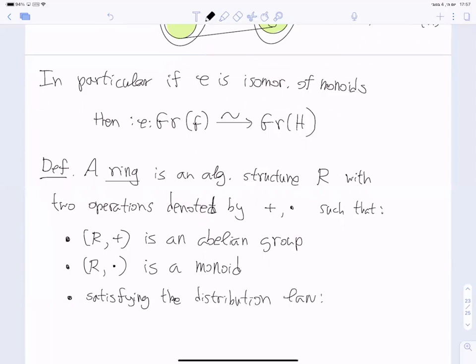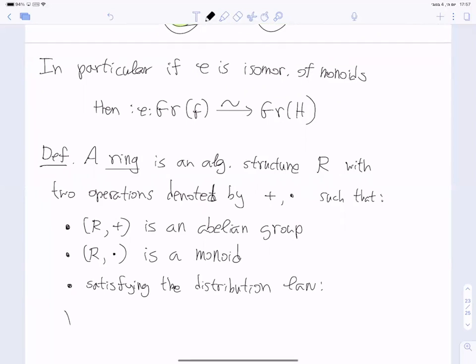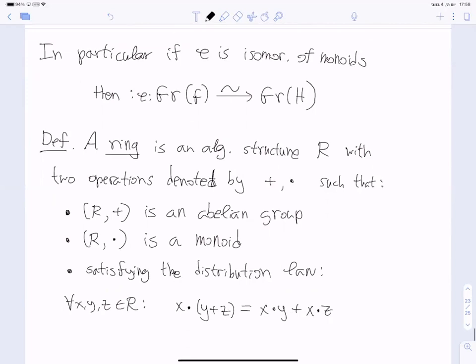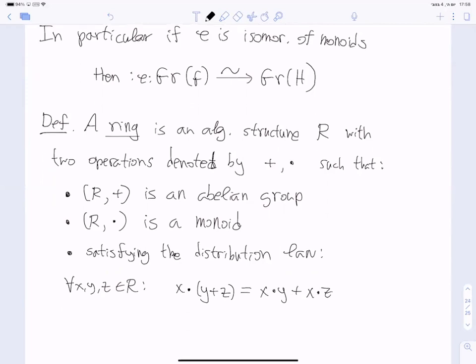Which means that any free element in R, x dot (y plus z) is like x dot z plus x dot y, and also in the other direction.